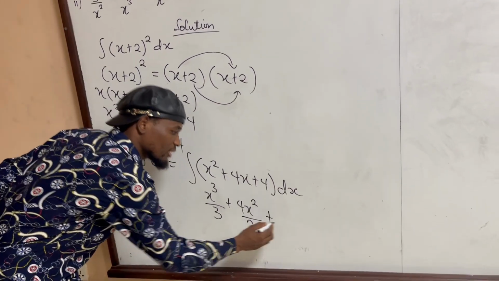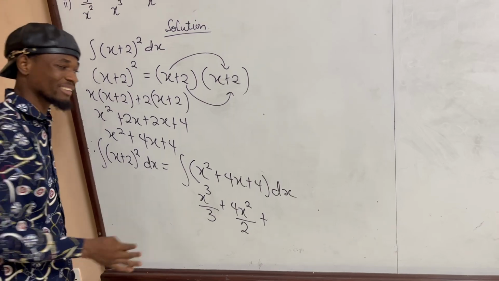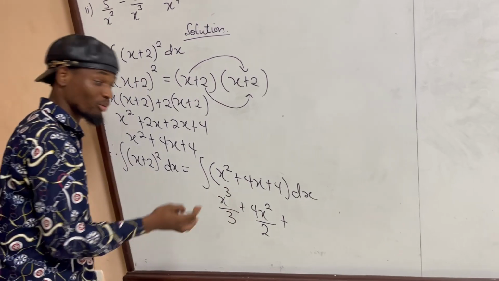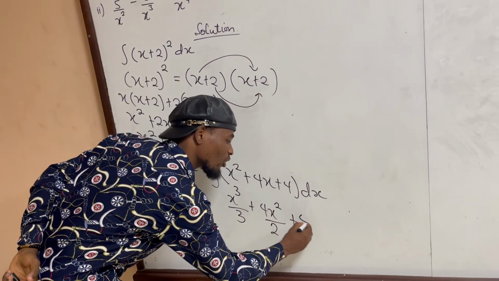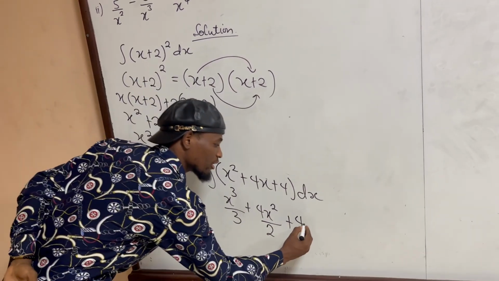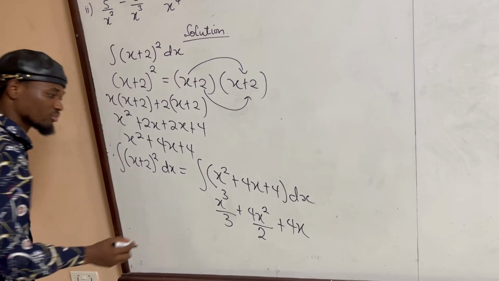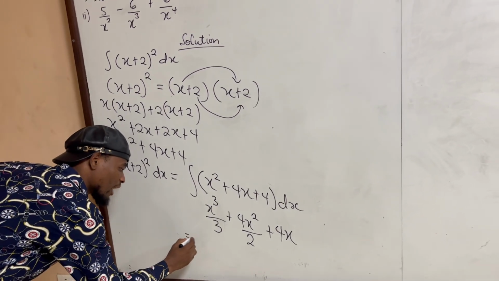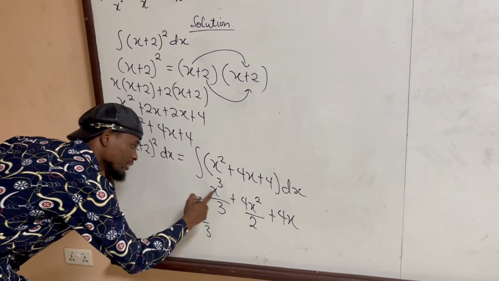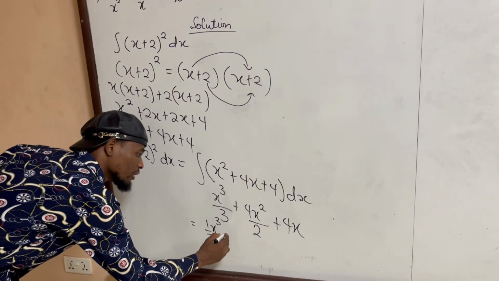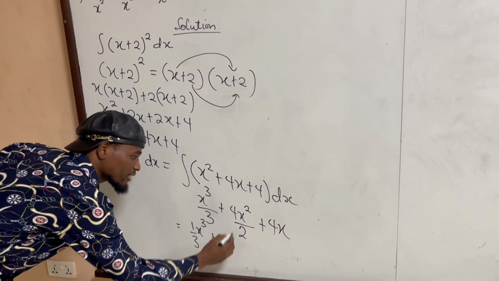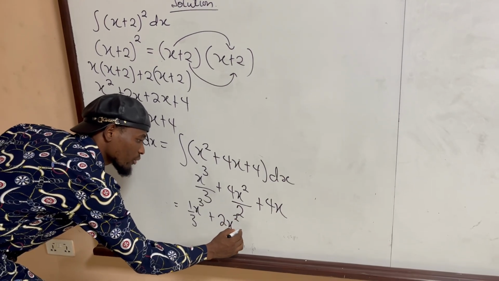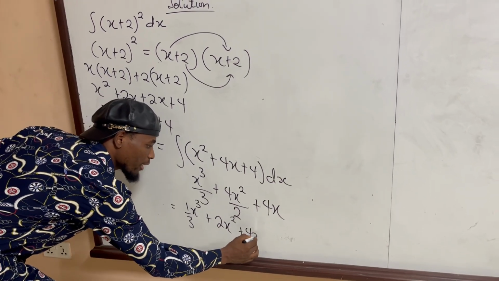Then we learned that whenever you integrate a constant, you have the constant times x. So clearly, this becomes 1 over 3 x cubed, then plus 4 divided by 2, 2 times x to the power 2, then plus 4x.